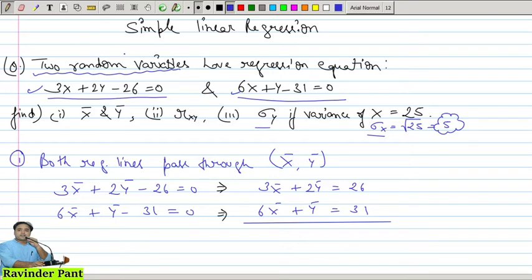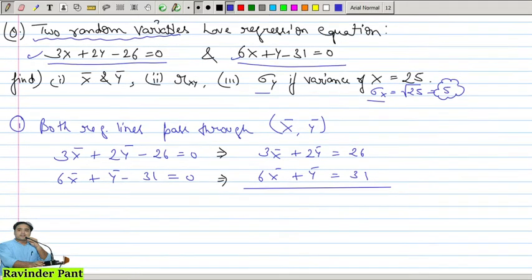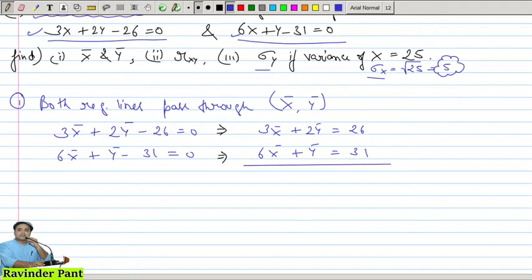How do we solve for this? We'll do it by the elimination method, and this is a practice session for you, so you will be doing this. The value of x bar will come out to be 4 and y bar 7. So you can do it easily.